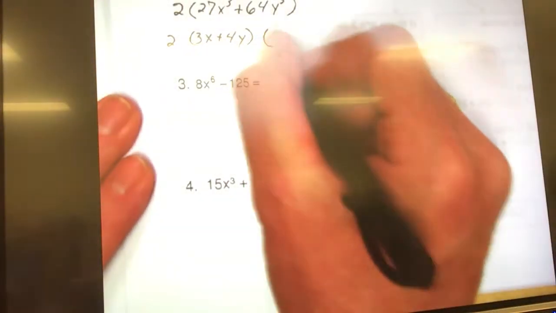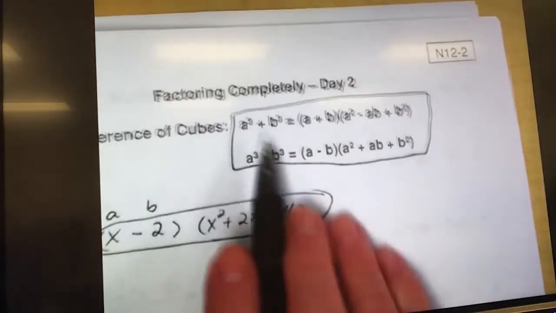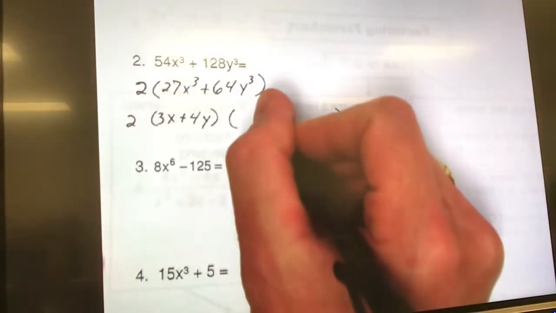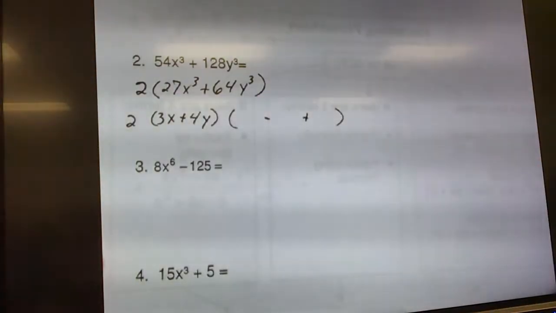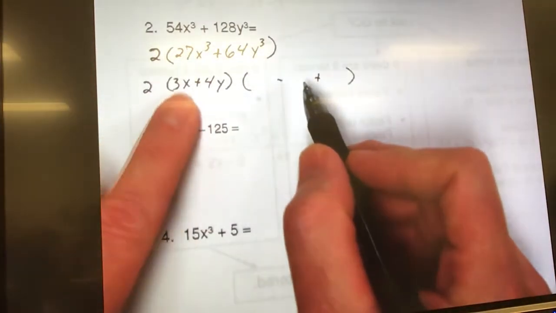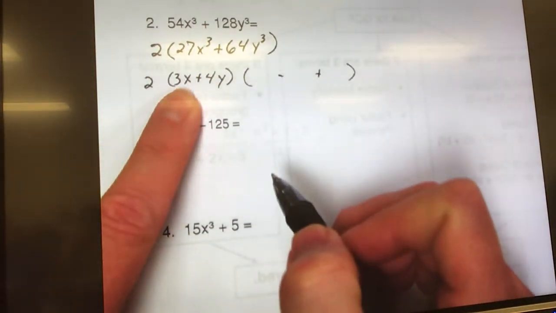Okay, so now, following our formula for the plus one at the top, we're following this one here, so it means a minus and a plus. So I'm going to need a minus and I'm going to need a plus. Okay, here we go. A squared. What is that right there squared? 3x squared is what?